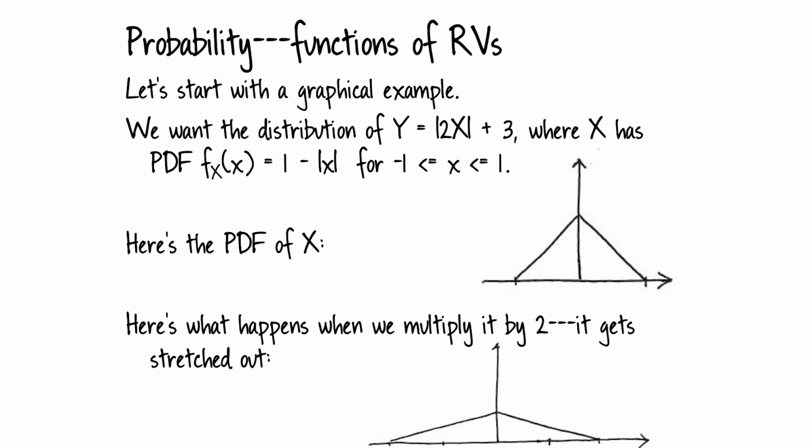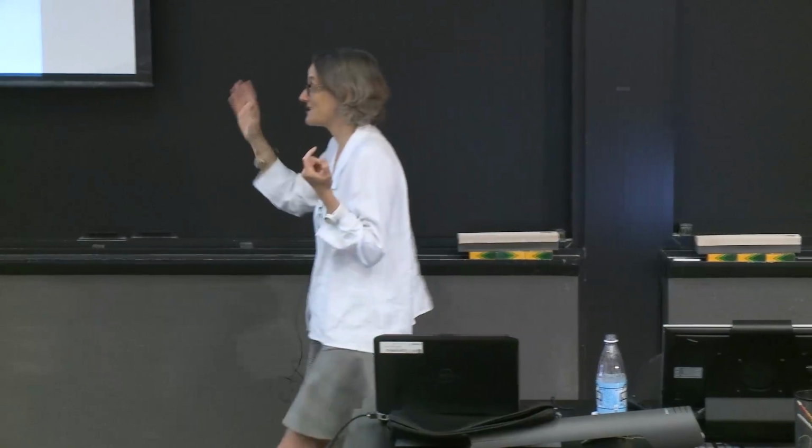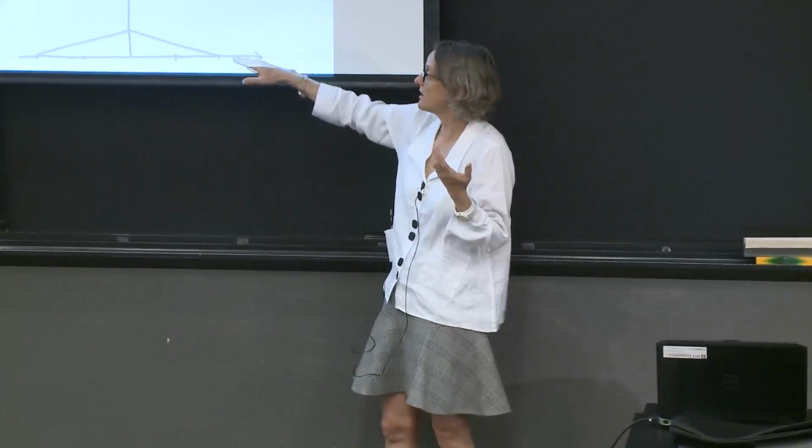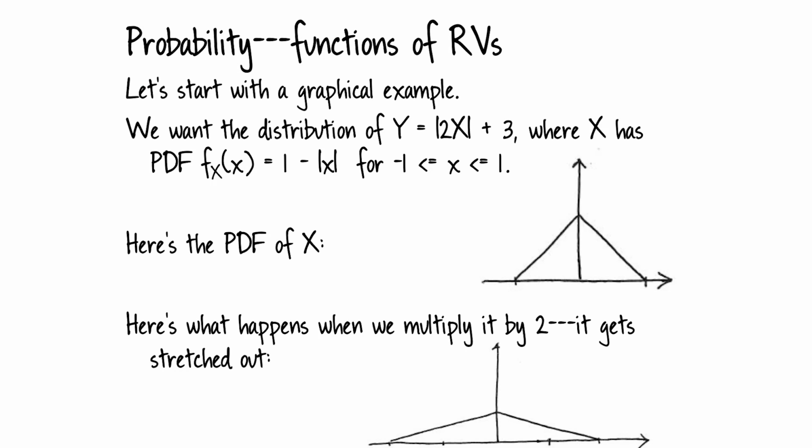Well, it stretches out. The random variable used to have support -1 to +1. It now has support -2 to +2. And because the PDF still has to integrate to 1, it got squished down. So the PDF just got stretched out. That's the first step. We've just multiplied by 2.